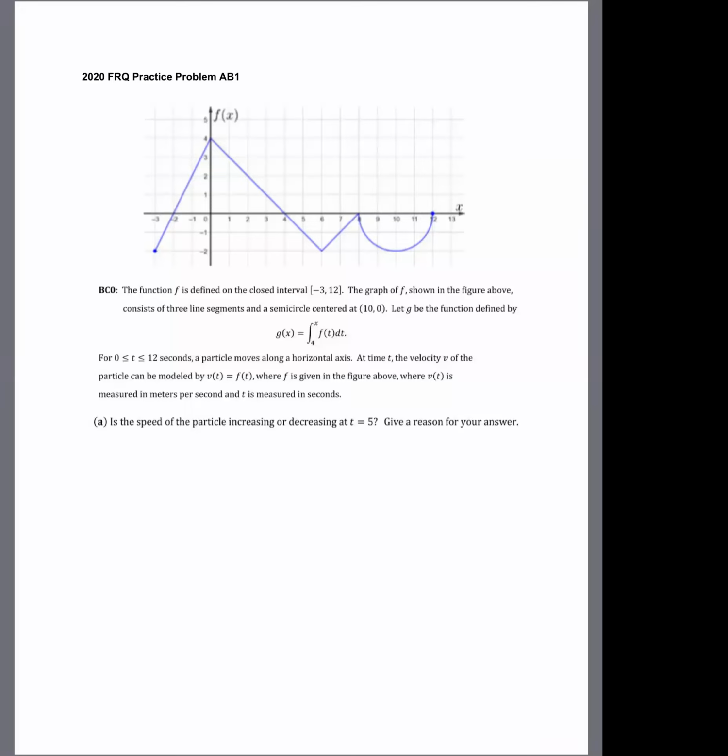For 0 to 12 seconds, a particle moves along the horizontal axis. At time t, the velocity v of the particle can be modeled by v of t equals f of t. So the graph can help you find g, and it can also help you find the velocity, where f is given in the figure above, v of t is measured in meters per second, and t is measured in seconds.